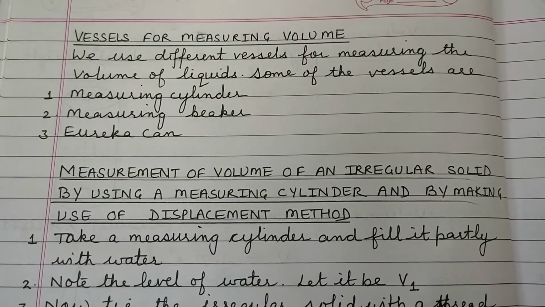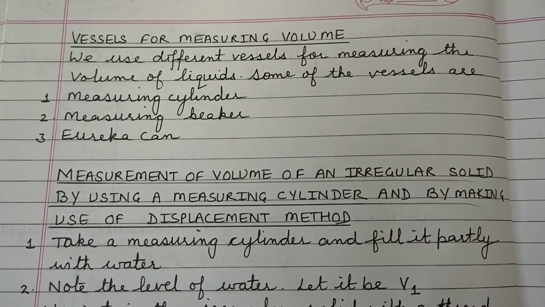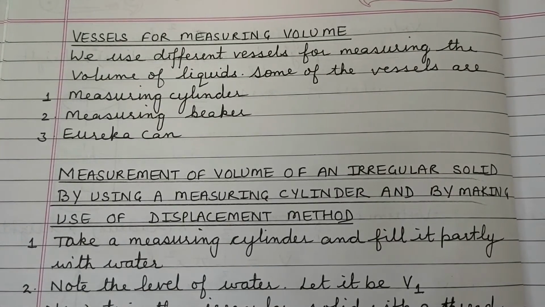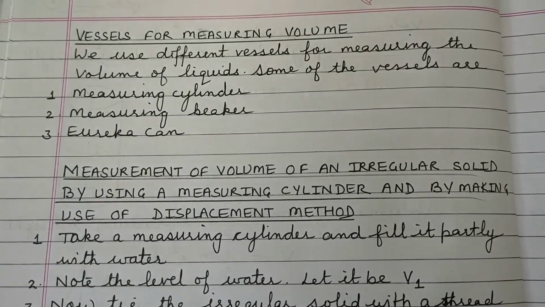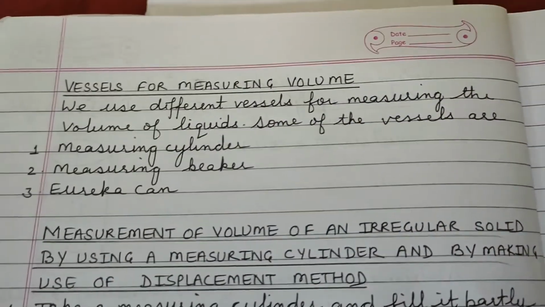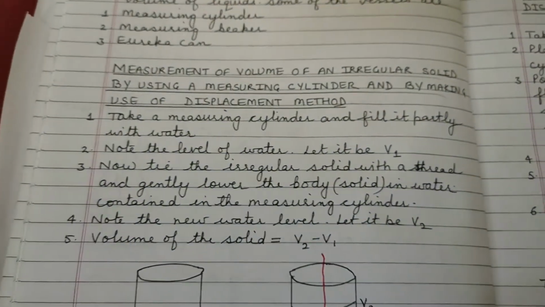On the other side, if we have to find out the density of an irregular solid, for understanding that, I'm giving you first how to measure the volume of an irregular solid by the displacement method. Then I'll explain how to find out the density.